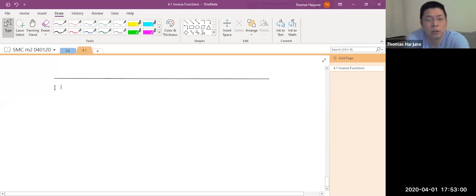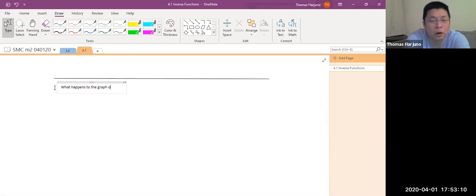First one, what happens to the graph of f(x) when we do inversing. So when we do inverse function, then what will happen to the graph? And of course, all the possible consequences from there.